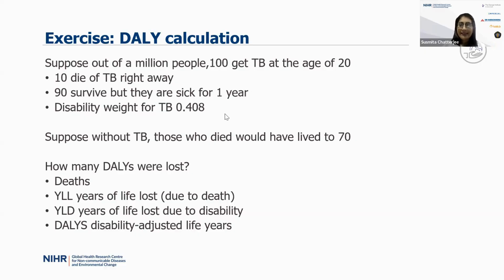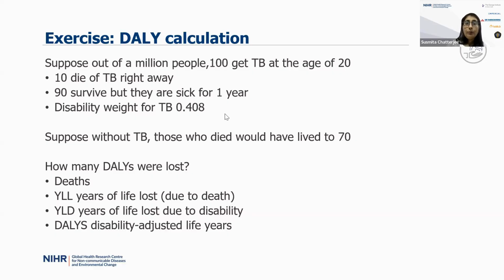If I die, that means I'm losing 50 years of my life, right? So 50 years of life were lost by how many people? 10 people, right? So multiply 10 by 50. How come you got 1020? Yes, YLL is 50 multiplied by 10. Got it?